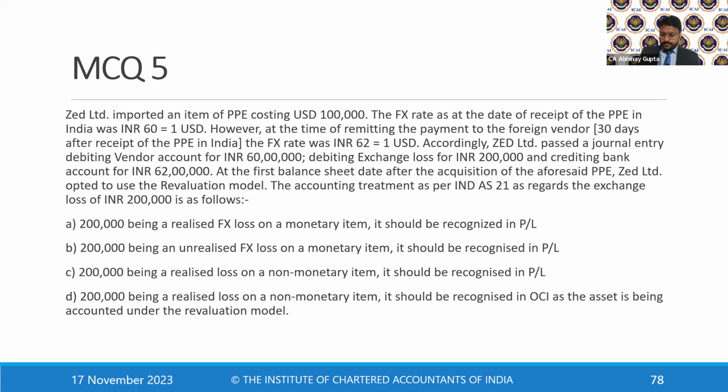Okay, let's do this one. Z Limited imported an item of PP&E costing $1 lakh. So Z Limited has imported machinery of $1 lakh. The forex rate at the date of the receipt of the PP&E in India was INR 60 to $1.